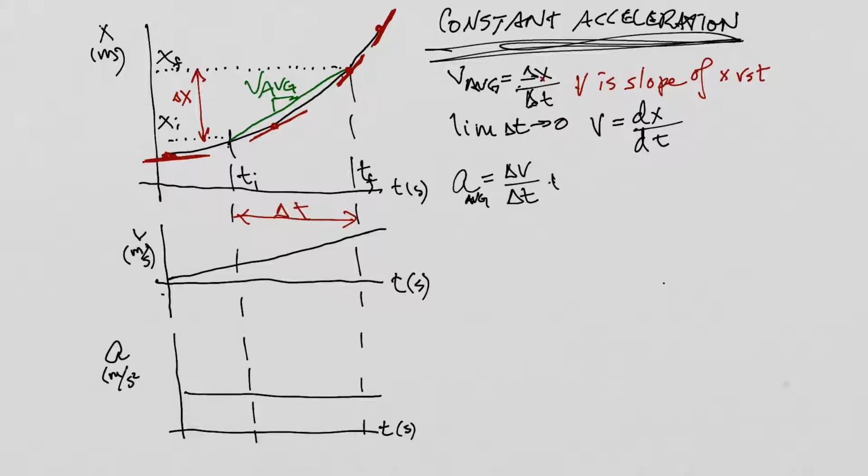In cases where it's maybe not constant, we can take the limit as delta t goes to 0, and then we have the acceleration equals dv/dt, the derivative of the velocity with respect to time, and that gives us the slope of the velocity. So in generating the velocity graph from the position graph, I take the slope, and then I do it again to get the acceleration.